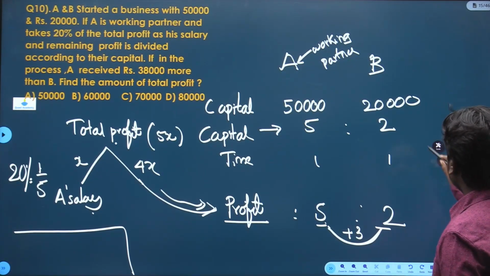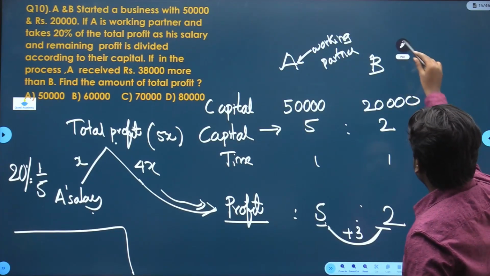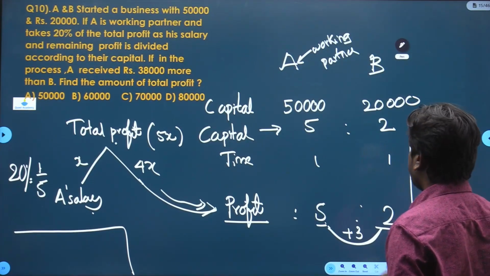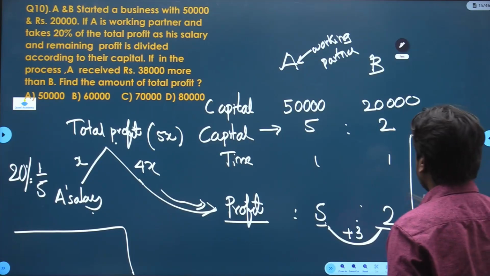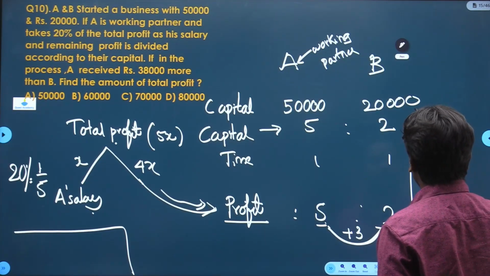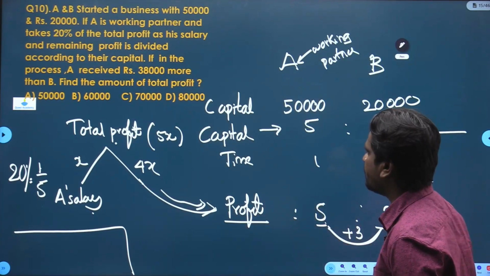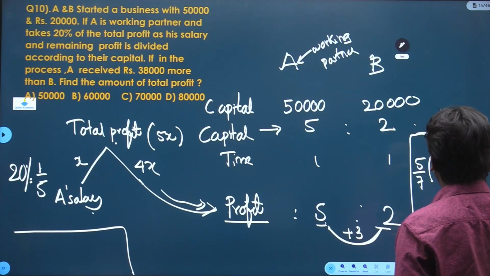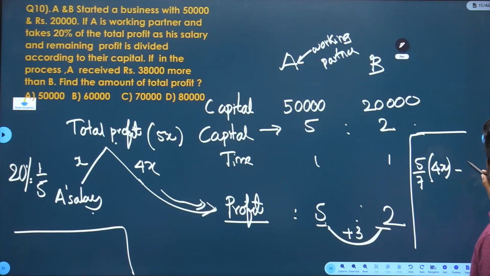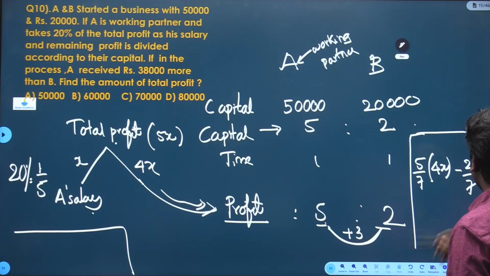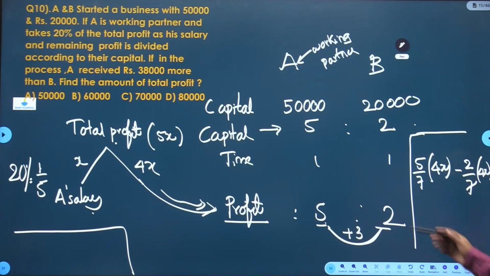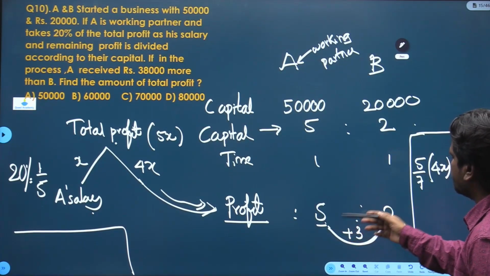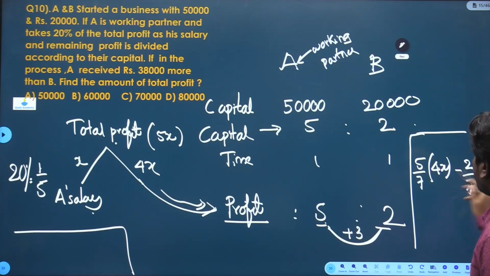So we can write 5 by 7 into the profit they are receiving, 4x, minus 2 by 7 into 4x. That is the extra A receives more than B.